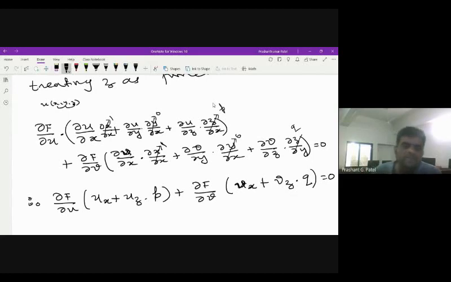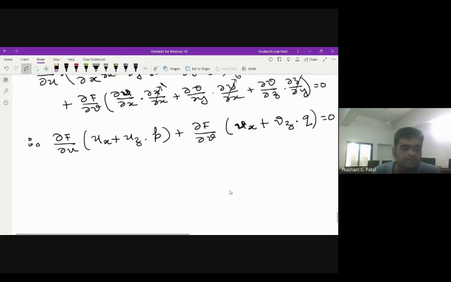And if I differentiate the same quantity with respect to y, here we got this one with respect to x. If I differentiate with respect to y, then we replace x by y. So it gives you del f by del u into uy plus uz into q.